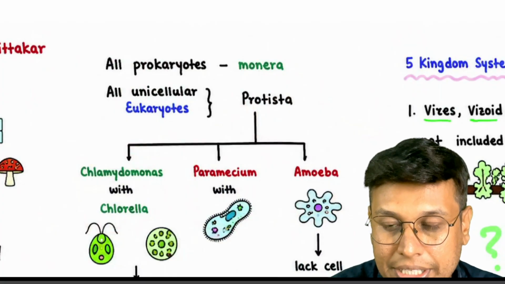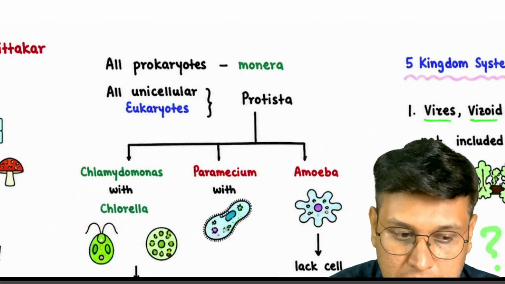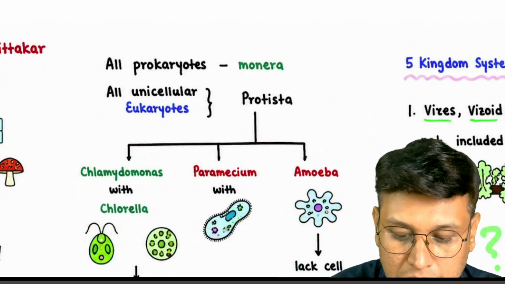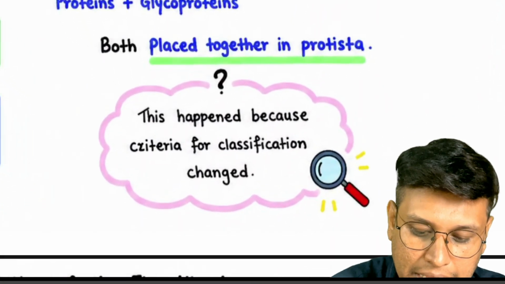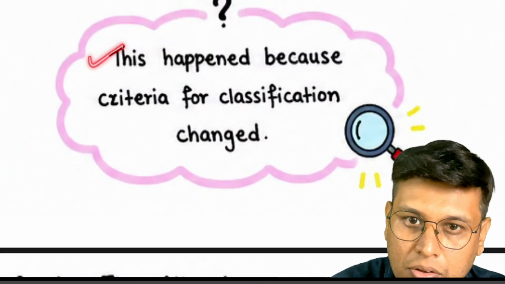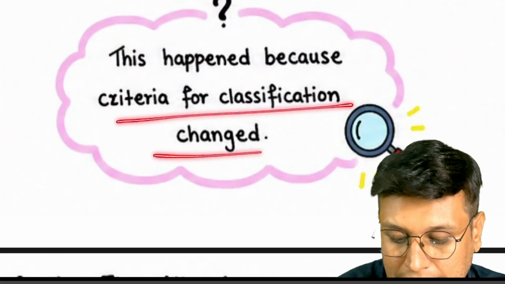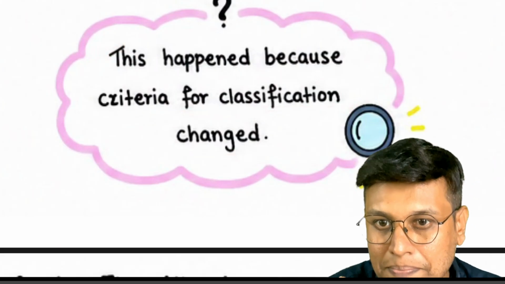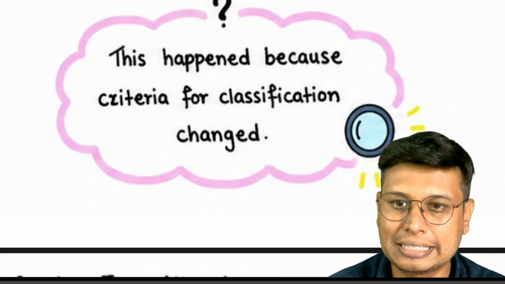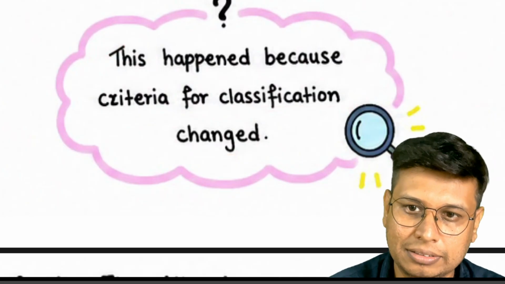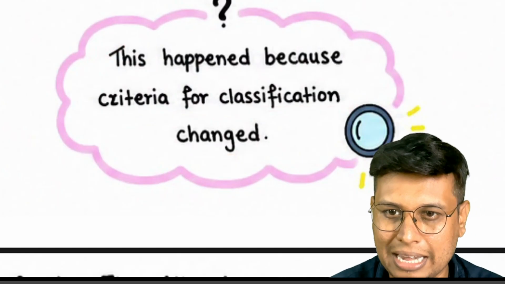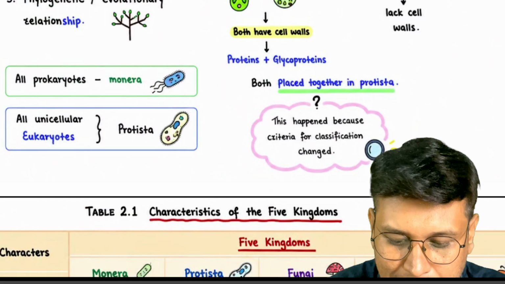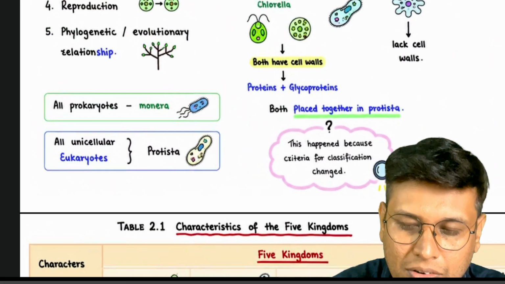Why did the classification of organisms change? This is one of the questions which can be asked as assertion reason. Simply, you can say this happened because the criteria for classification was changed. In two kingdom classification, the simple criterion was whether the cell wall is present or absent: present, plant kingdom; absent, animal kingdom. Very oversimplistic and error prone. Here, they have not gone with that.